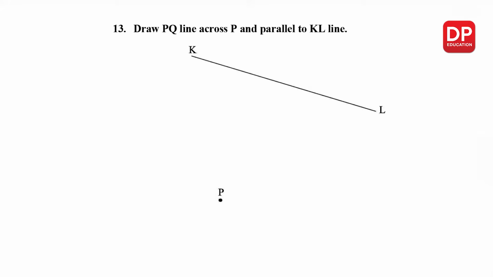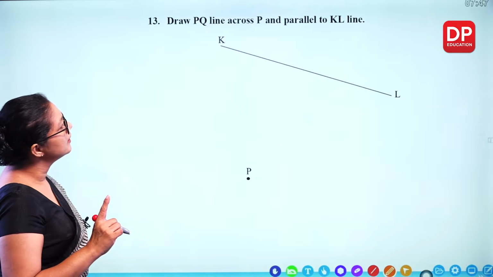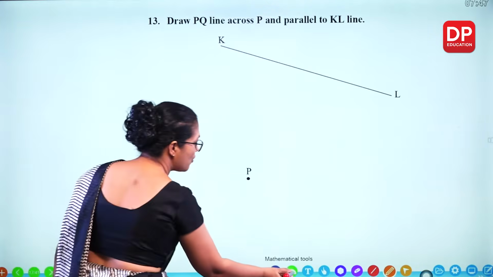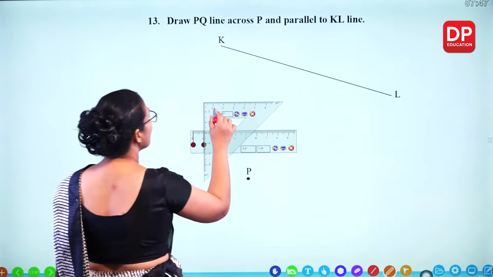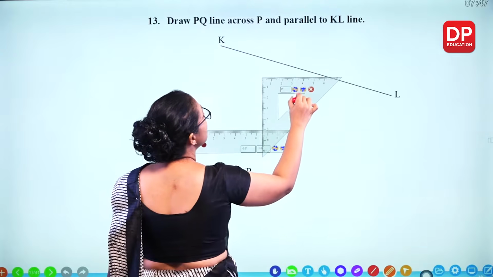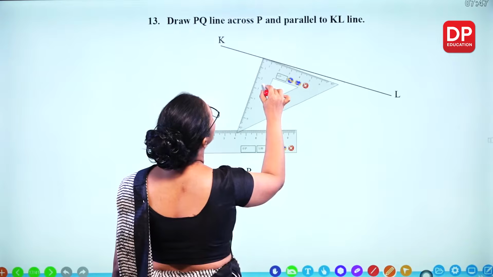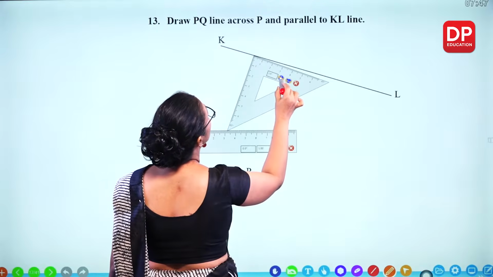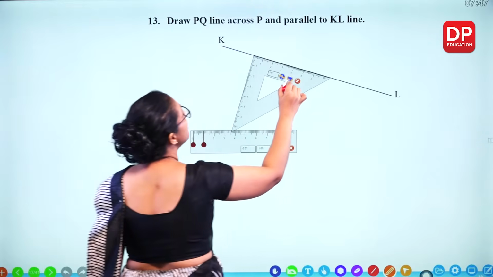Draw PQ line across P, this point, parallel to KL. So that line. So take the ruler and the set square. So we can keep again this straight edge on top of this KL line.